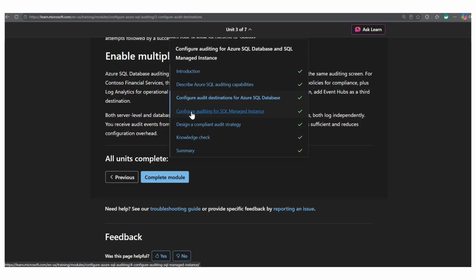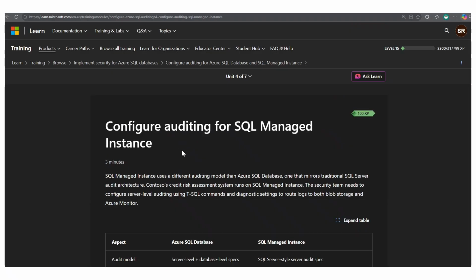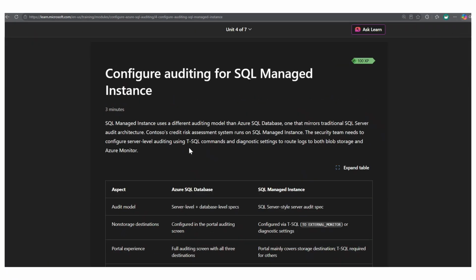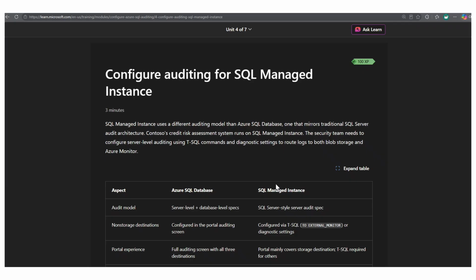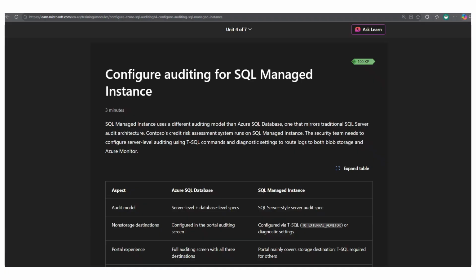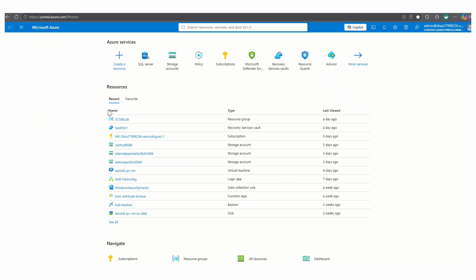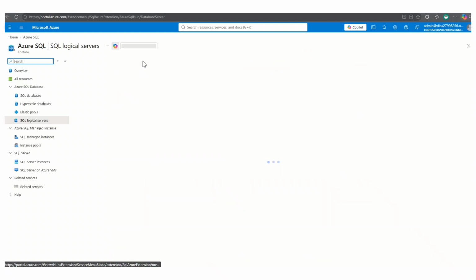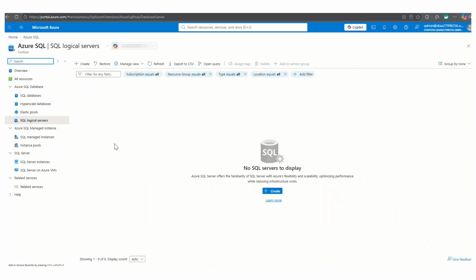Configuring for SQL Managed Instance. We don't have a managed instance per se, but if we go into our server here, actually, before we even get there, I don't have the SQL Server anymore.